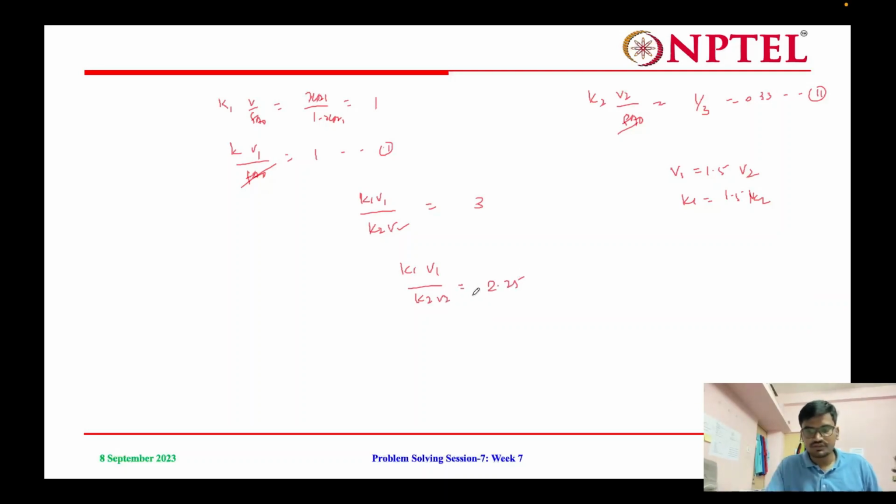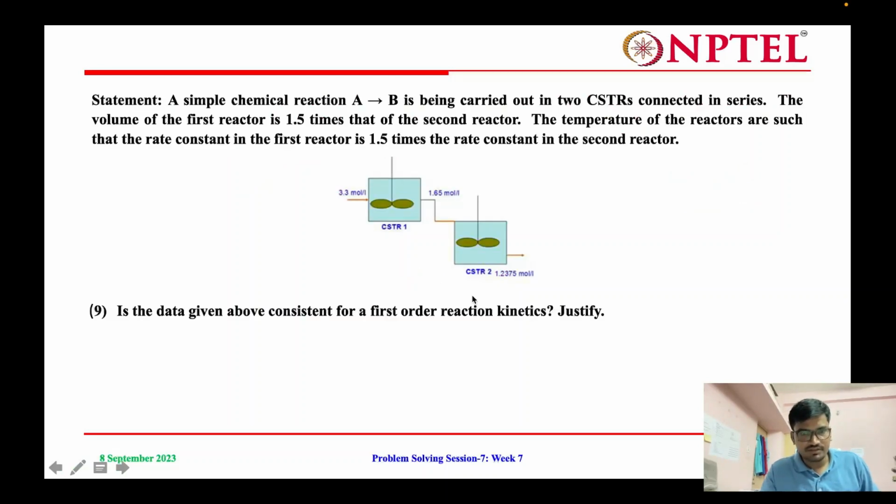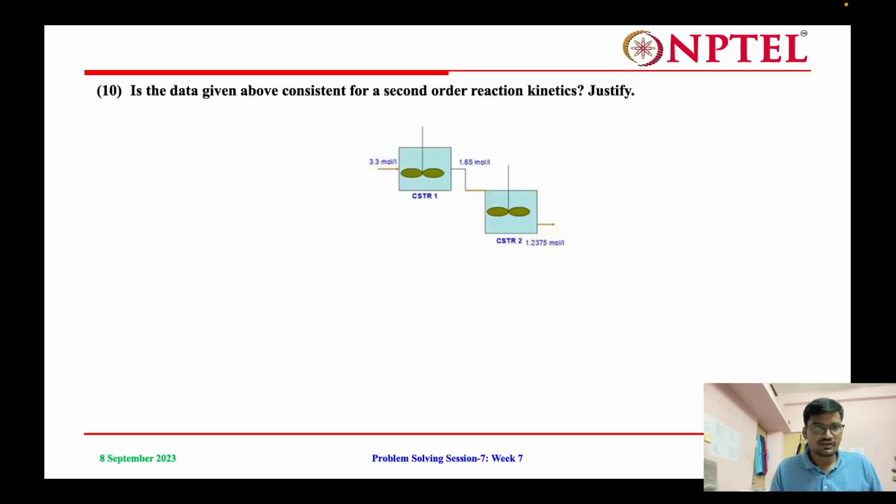So this is not consistent. So the data given above is not consistent for first order kinetics. Now the second question, question number 10: is the data given above consistent for second order kinetics?